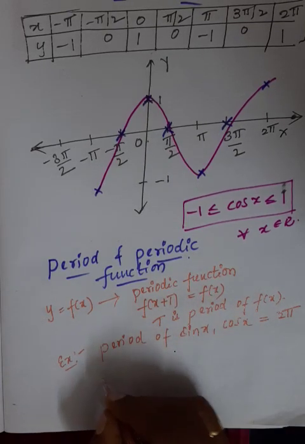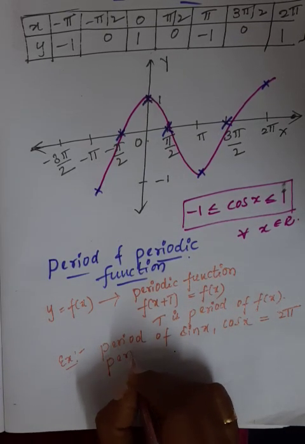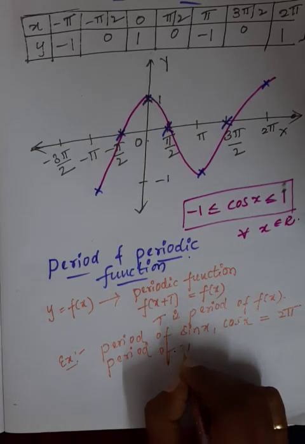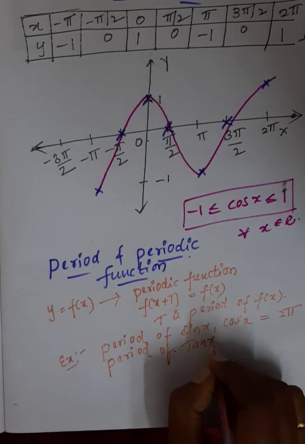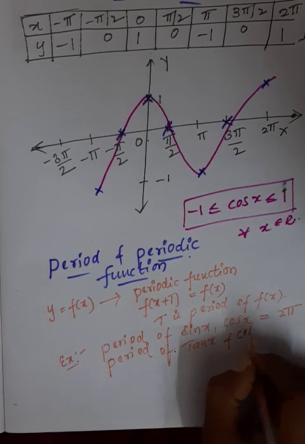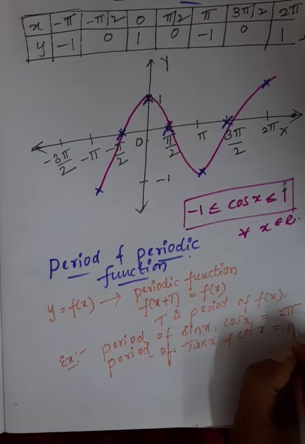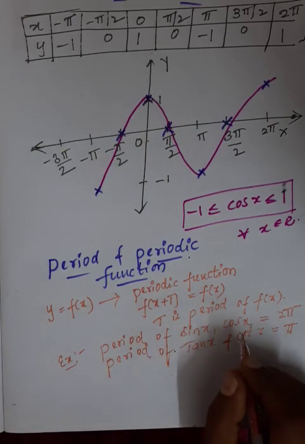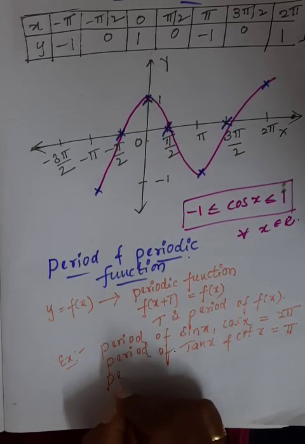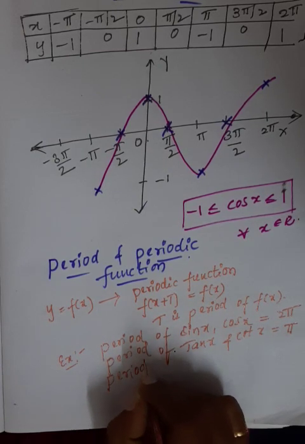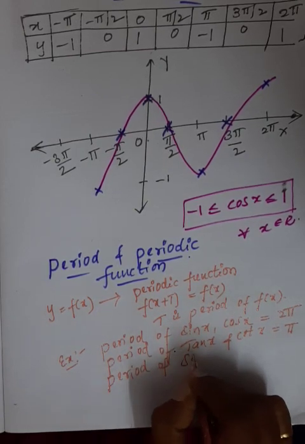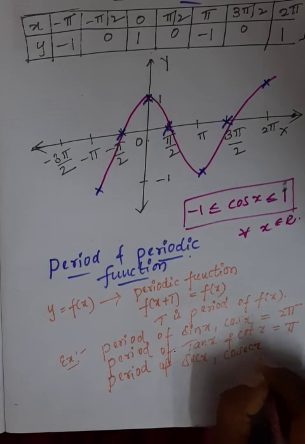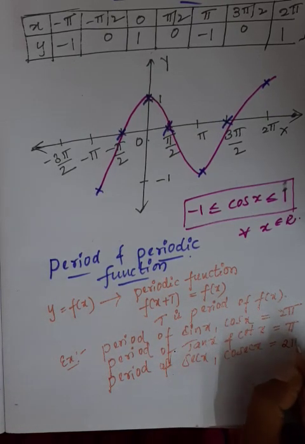Similarly, the period of tan x and cot x is pi. Similarly, for the reciprocals of sin and cos, the period of sec x and cosec x is equal to 2 pi.